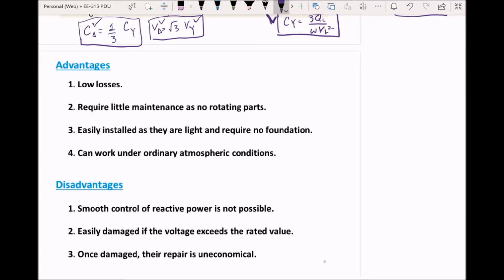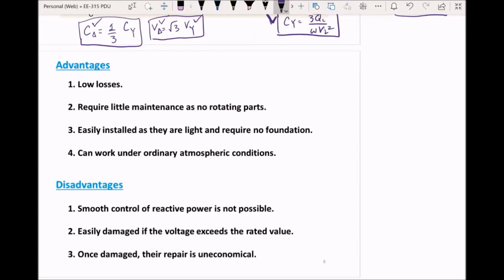That means they require very little maintenance, and they are also robust and do not require much space, and they don't require any special equipment for installation. Furthermore, they are not very sensitive to temperature and other atmospheric conditions as well.